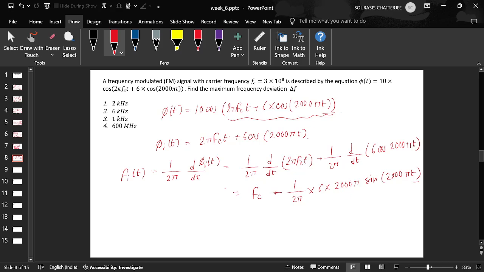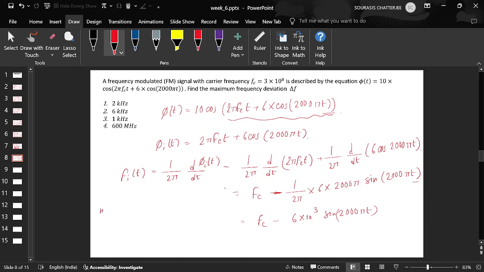There should be a minus sign here. So now we have fc minus 6 into 10 to the power 3 sine 2000 pi t, right? So this is my instantaneous frequency.